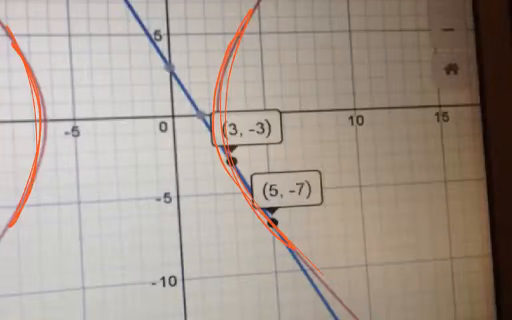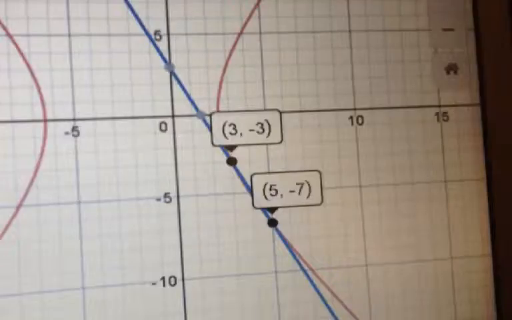That's a hyperbola. Again, you don't need to know that right now, but notice that is a hyperbola. And notice, of course, the blue line cutting through here. And it's just cutting through the right side of the hyperbola. And notice how it crosses right there at 3, negative 3, and 5, negative 7, right?